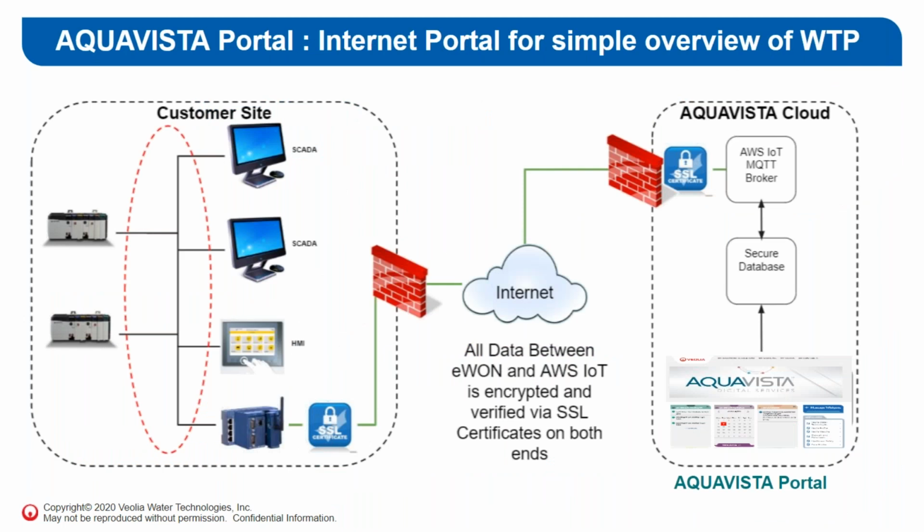So today, one of the key ways that we do that is with our Aquavista portal. All of those services I mentioned, those are all things that we can support in various ways. And this is really becoming the predominant way that we can best support our customers. Aquavista portal is a cloud-based monitoring system that we provide.